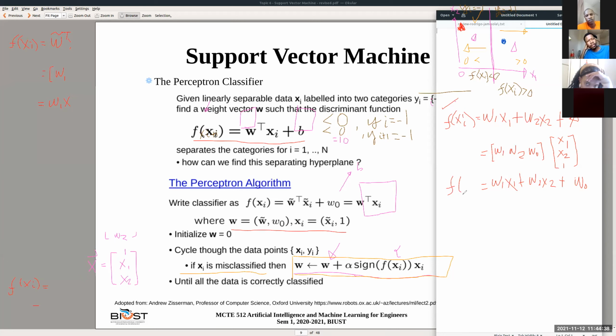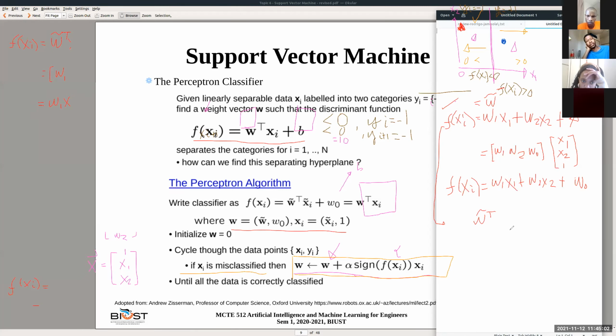So it's just another way of writing. Instead of having a b here, you're going to write this as w tilde transpose x tilde i plus b.